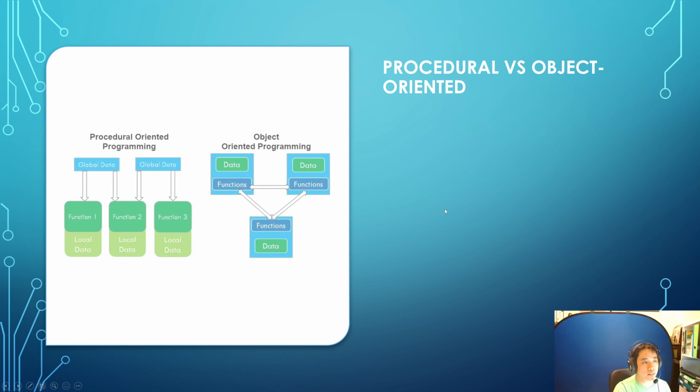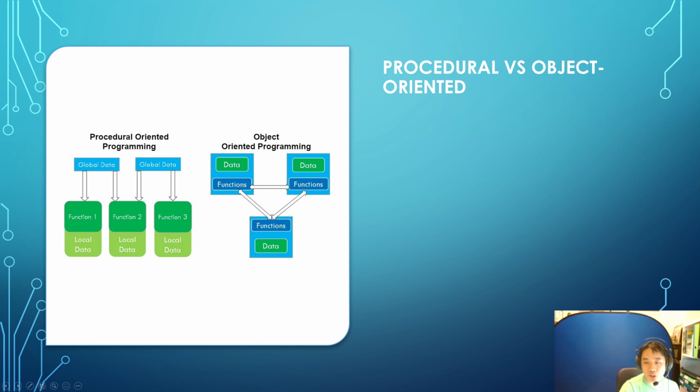So, the first thing I covered is procedural versus object-oriented programming, which means we have procedural-oriented programming using some global data and passing them into functions. And the functions may even work with their own local data, and they can also call one another.